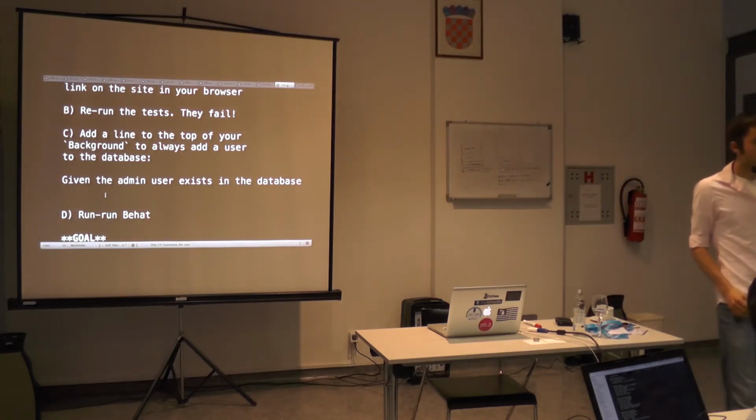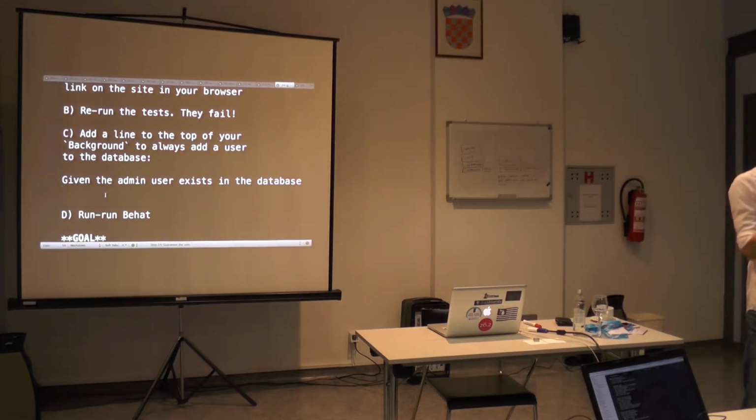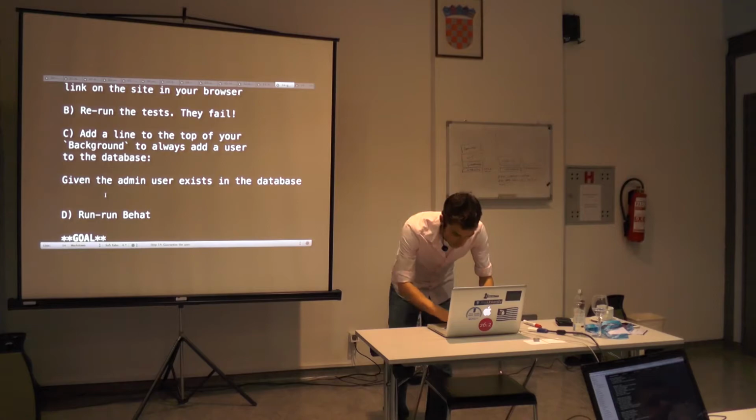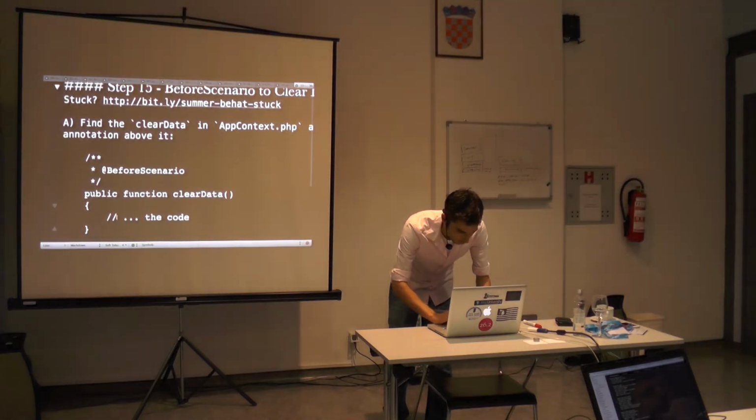But more importantly, this highlights the critical point that scenarios need to be independent of each other. So right now your first scenario is passing, your second scenario will fail because it's colliding with the first scenario. The first scenario added that user in its background. When the background ran for the second scenario, there's already one there. So this is actually the last slide, which you guys don't even need to do.